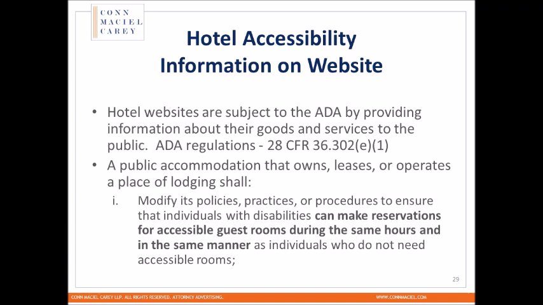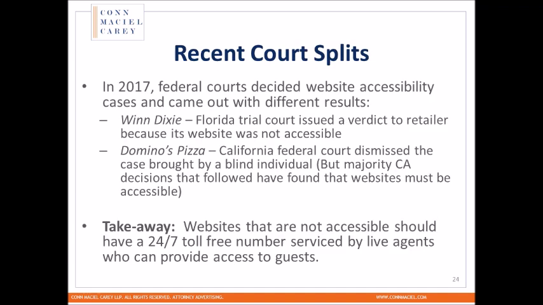Thank you, Kara. I wanted to backtrack for one moment and just follow up on some of Kara's comments about the website issues in terms of website design. One issue that's coming up in California is there is quite an influx of increase in litigation over website issues.